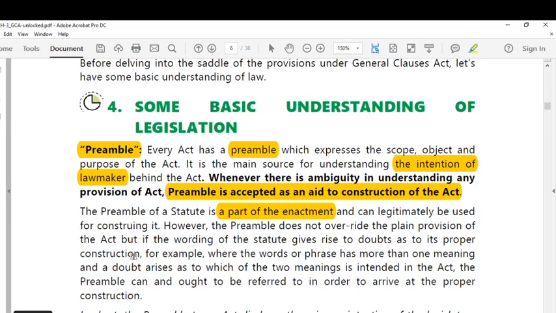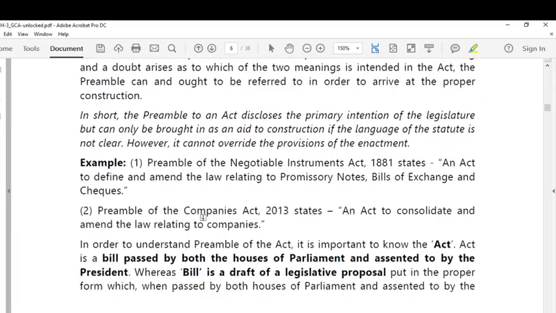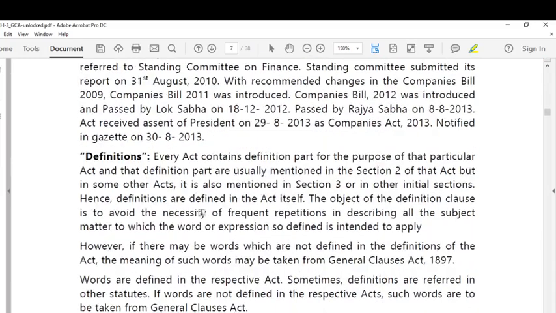However, the preamble does not override the plain provisions of the act, but if the wording of the statute gives rise to doubts as to its proper construction, the preamble can and ought to be referred to in order to arrive at the proper construction. So that was what it is talking about the preamble to the General Clauses Act.